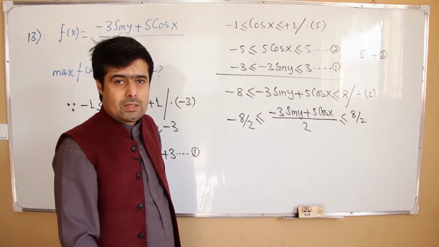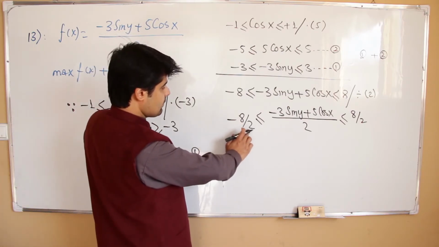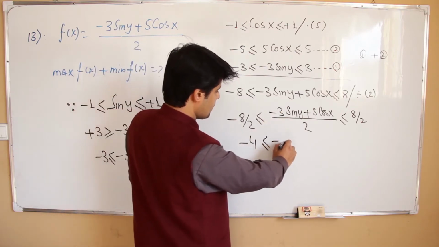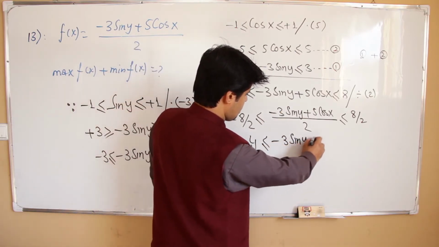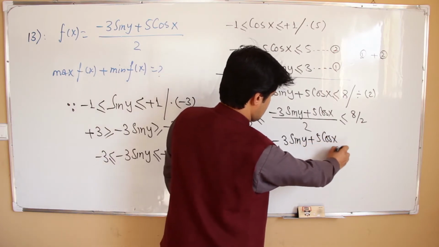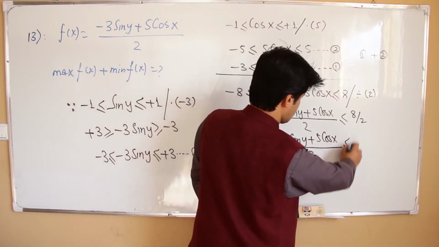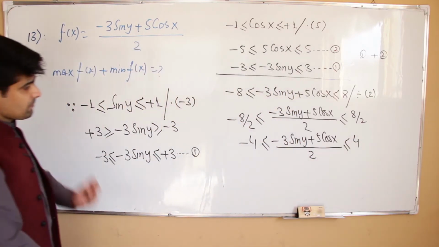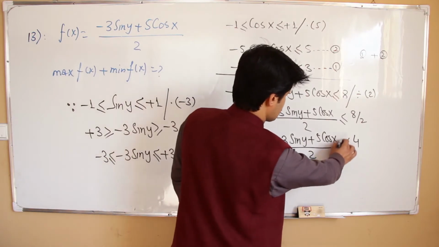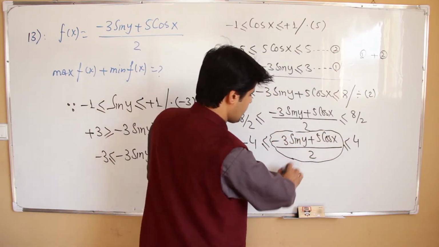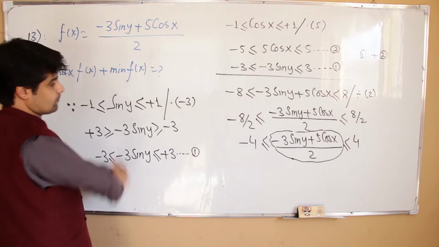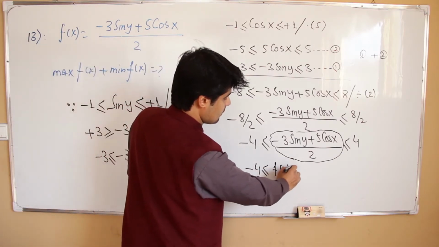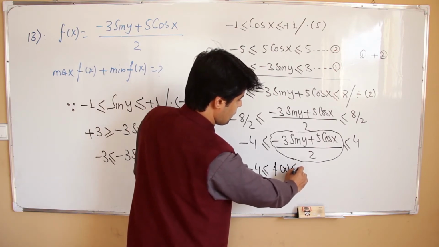Have I made any mistakes? I think no. Negative 8 divided by 2 is negative 4. So negative 3 sine y plus 5 cosine x divided by 2, and 8 by 2 is 4. Now what do you think the question is? This one is our f(x). So negative 4, this is our f(x), and positive 4.